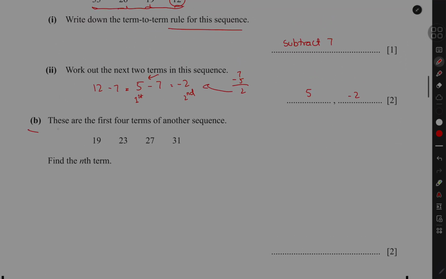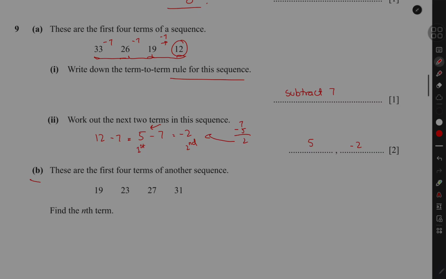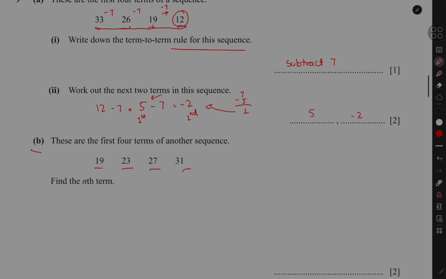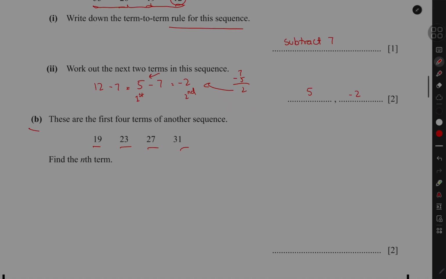Now 9b, these are the first 4 terms of another sequence: 19, 23, 27, 31. Find the nth term. I guess we should first still try to find the difference. So that is plus 4, plus 4, and plus 4.